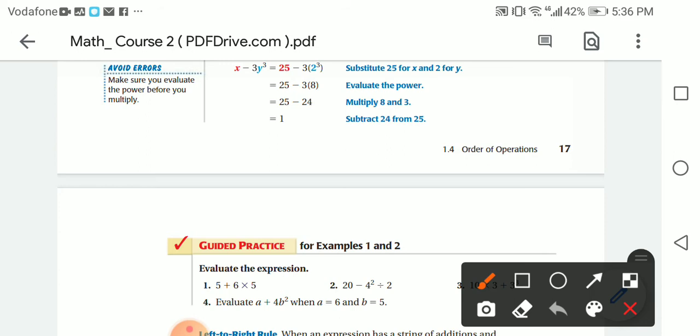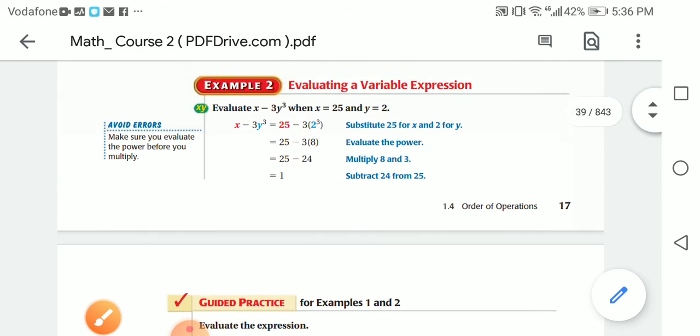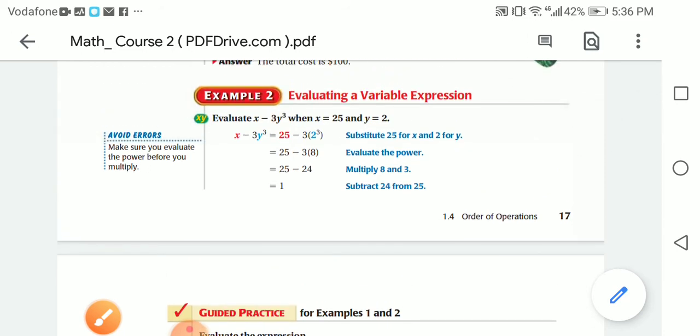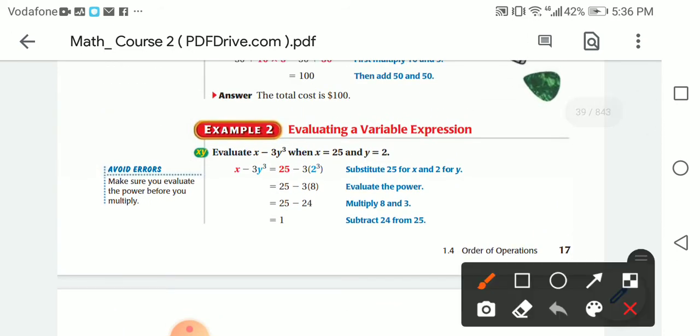Substitute. Instead of x, I have 25, and instead of y, I have 2. Focus, dear students.